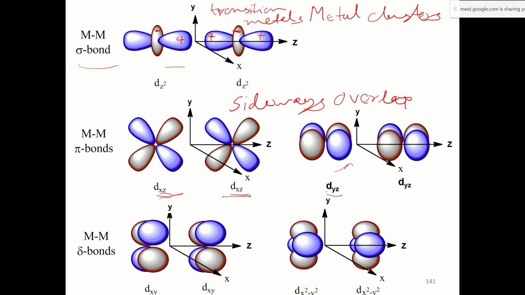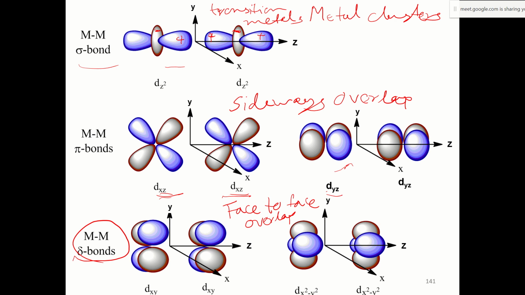Okay, and this one is out of the screen, the two lobes are coming out of the screen, and this is the xy plane which is perpendicular to this screen. This last one is called a delta bond; these are face to face overlap of the orbitals.